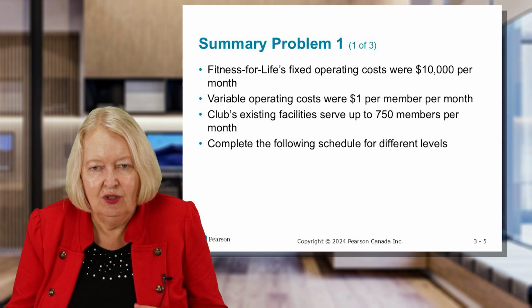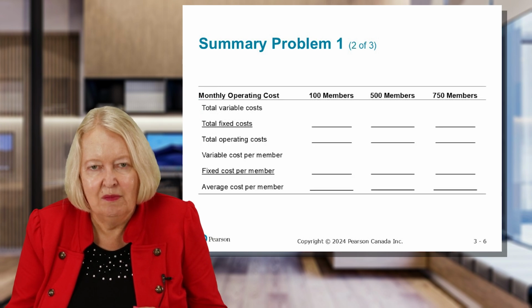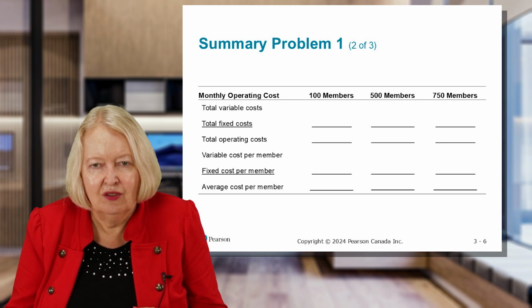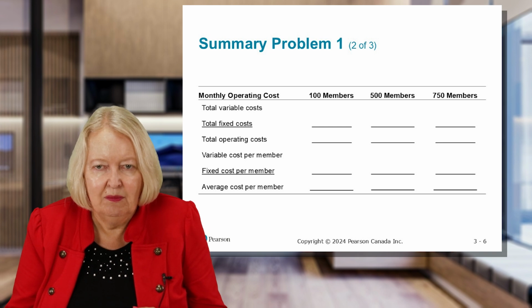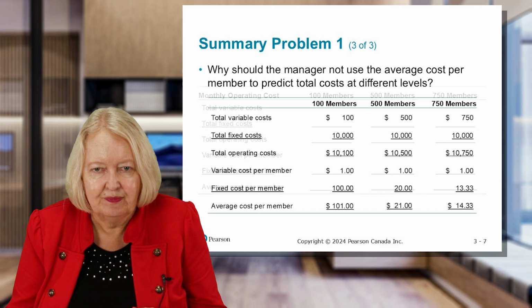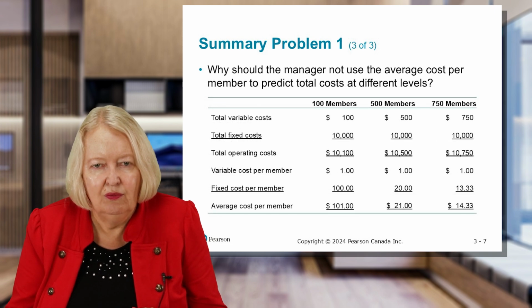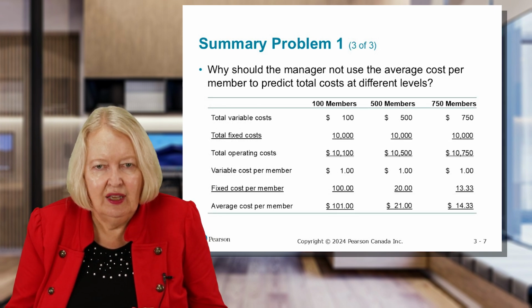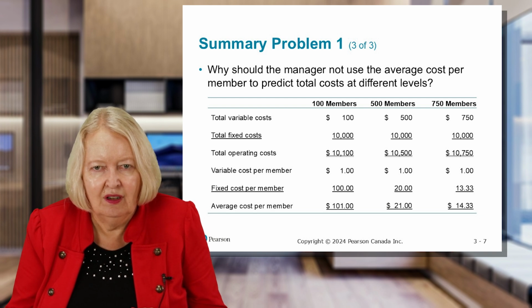So there's a schedule you can complete, and this is pretty common in business, to figure out how much your costs are going to be if you only have 100 members, 500, or the max 750.